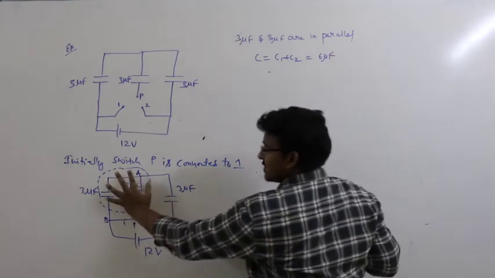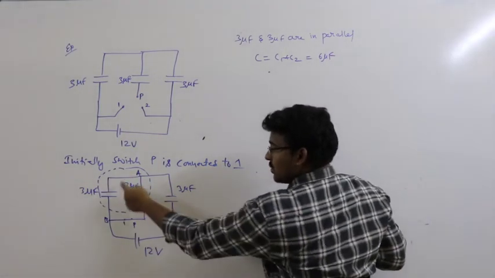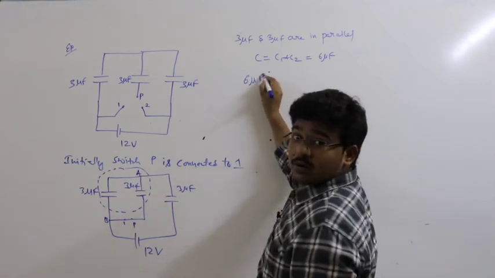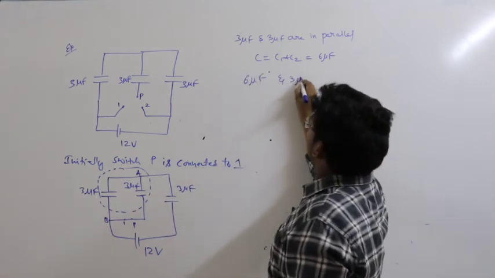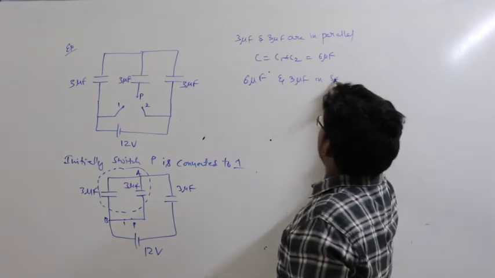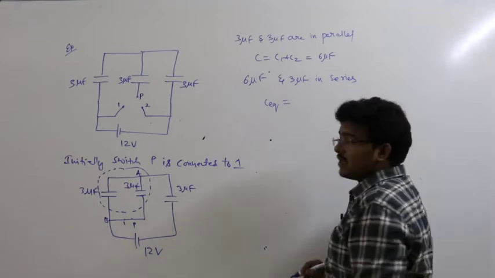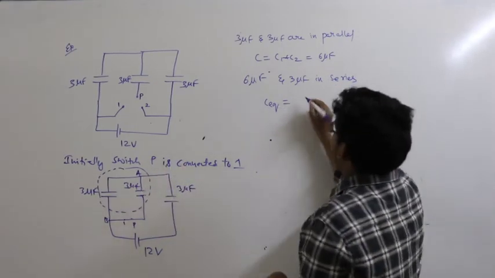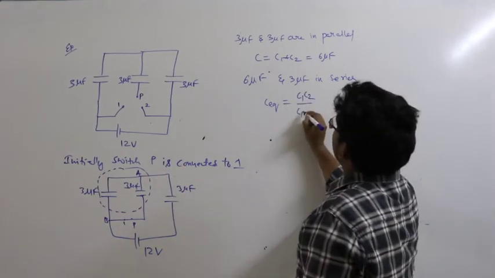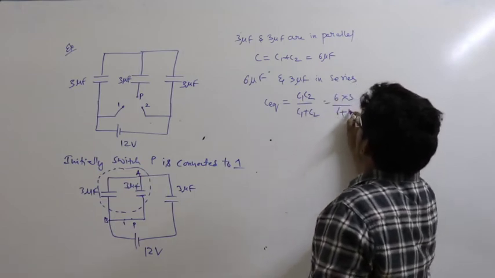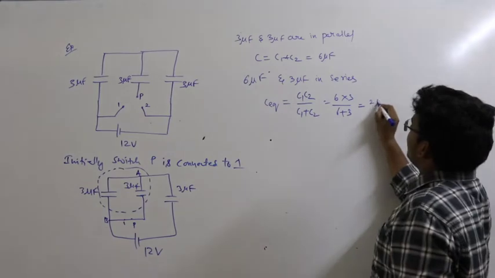Now that 6 micro and this 3 micro will be in the same branch, in series. What is the C equivalent? In series it is C1 C2 by C1 plus C2, so 6 into 3 by 6 plus 3, which is 2 microfarad.